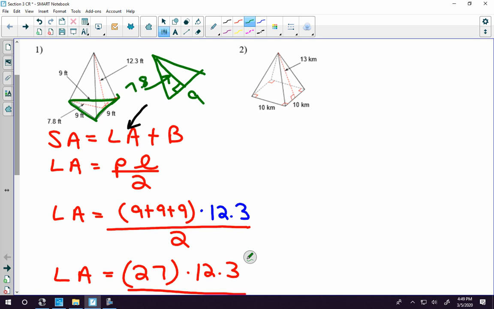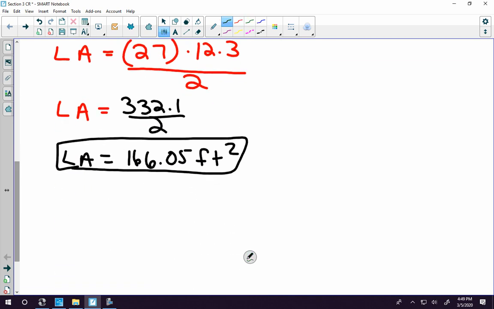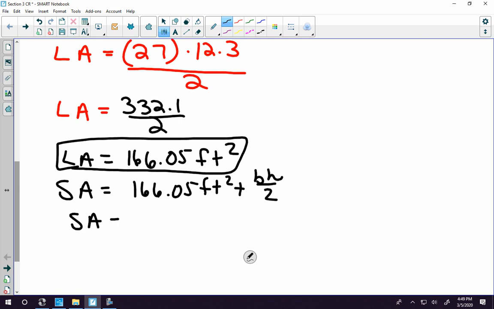So our big B in this case is the area of the triangle, which is base times height divided by 2, which is 9 times 7.8 divided by 2. So our surface area, or total area, is going to be our lateral area answer plus the area of the triangle.